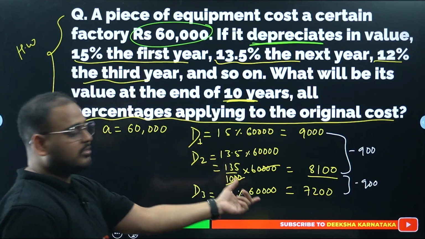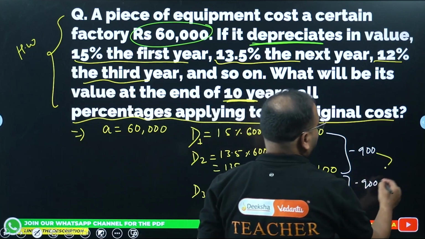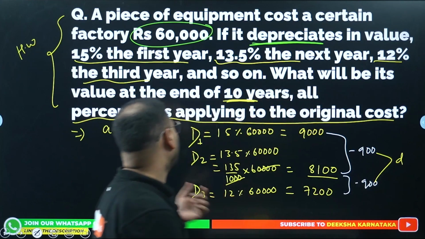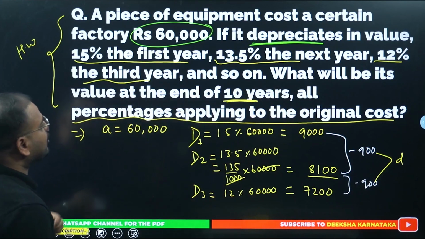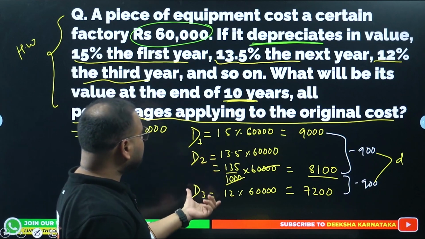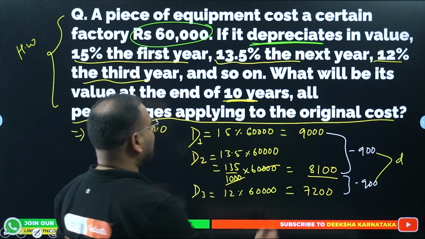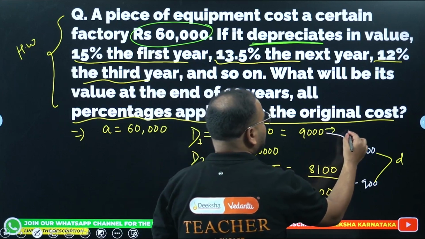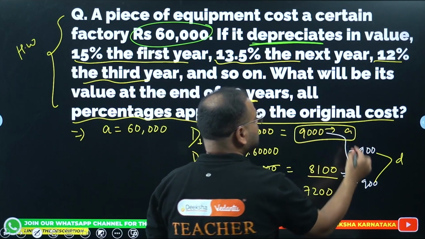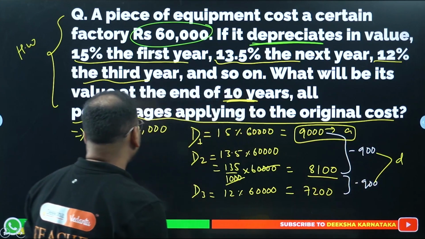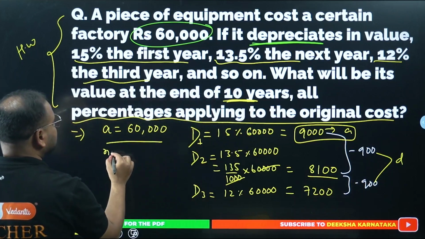Now this is my common difference D. D I know, A I know. So you can find the total depreciation after 10 years. The first value A is going to be 9,000 rupees. N is 10.